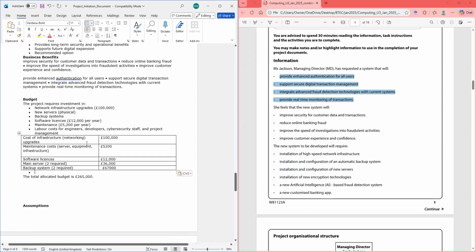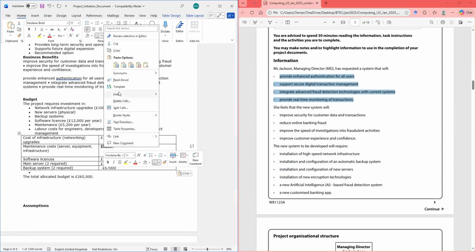So cost of the infrastructure is 100,000, 52. The main server. So we're going to copy this.